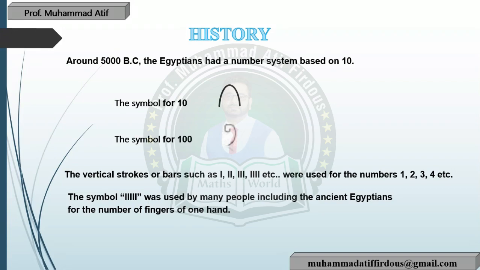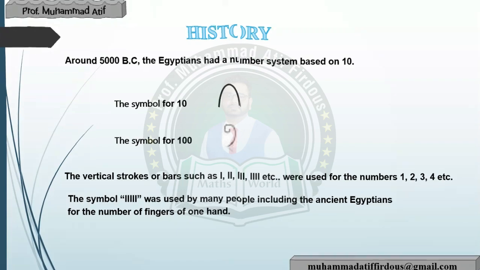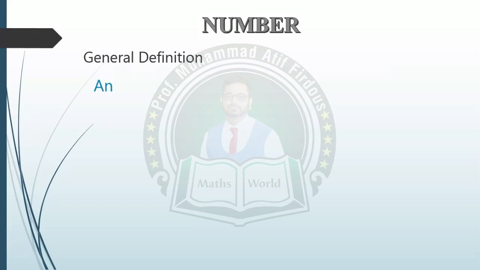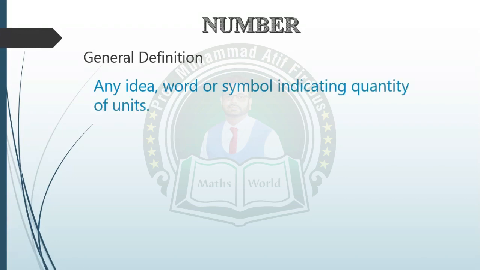Now, for rational numbers, we must understand some basic definitions which I am going to use. The first one is number. What is a number? The general definition is: any idea, word or symbol indicating a quantity of units is called a number.